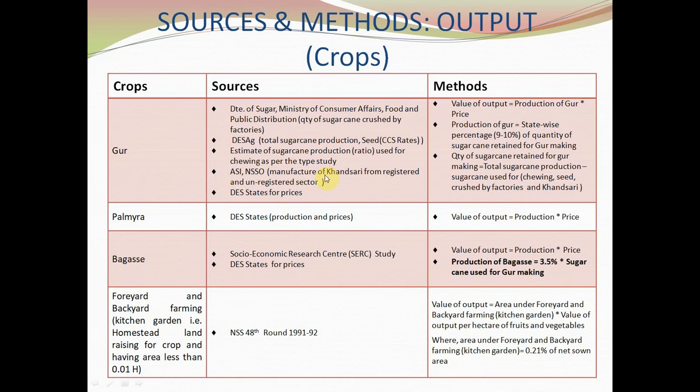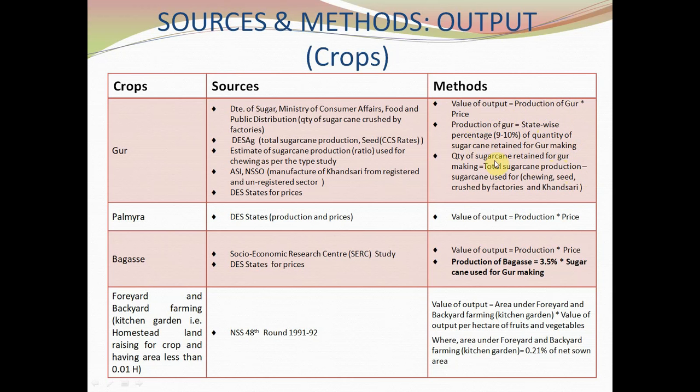These survey results are used for manufacture of Khandsari from registered and unregistered sector, and prices are taken from DES states. Now, value of output will be calculated by production of gur into prices. Production of gur will be dependent on state-wise data available, which is 9 to 10 percent of quantity of sugarcane retained for gur making.